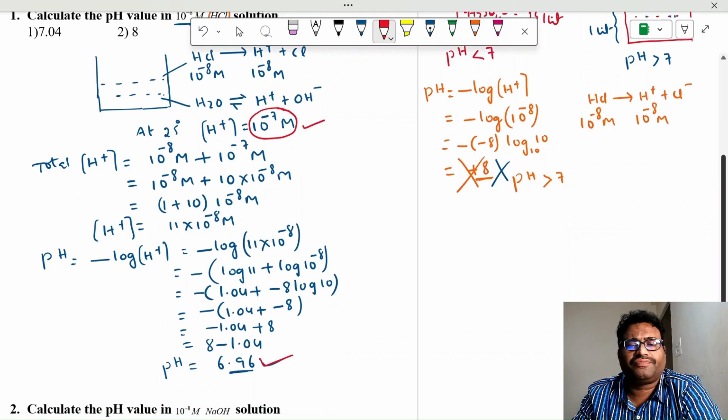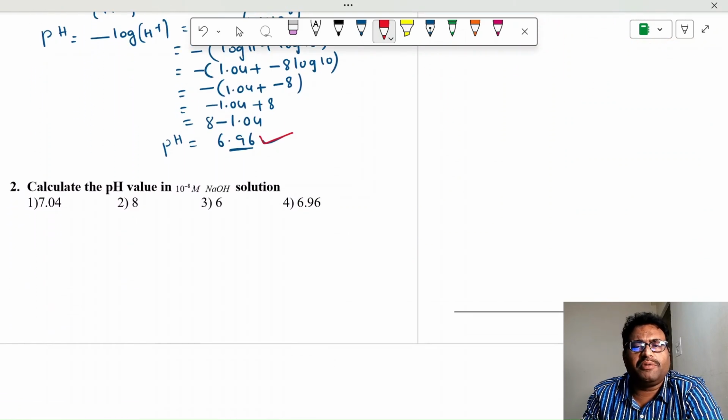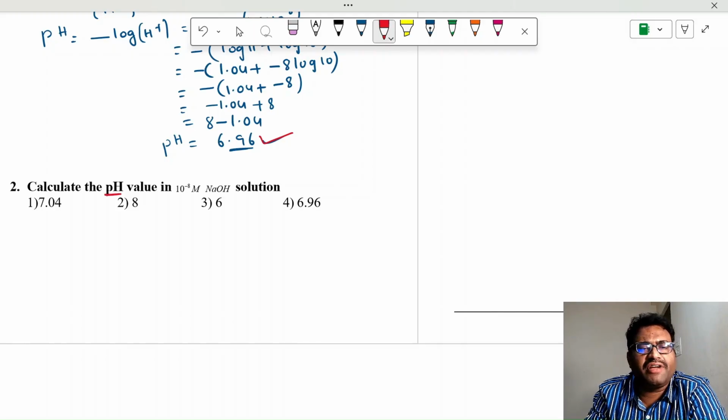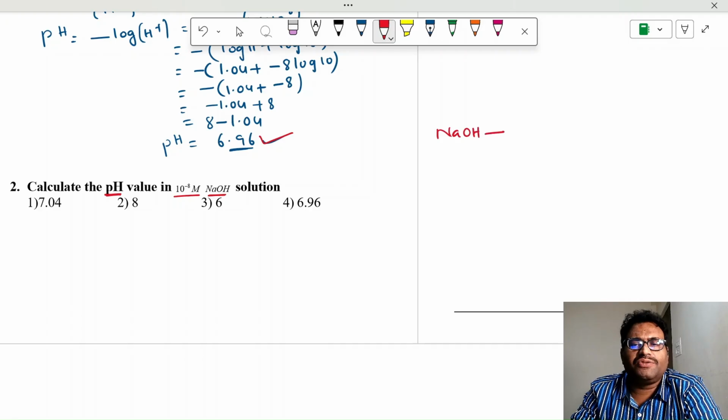Now let us see another problem. Here is the problem given: calculate the pH value in 10 power minus 8 M NaOH. Now let us see here. If you calculate generally, we know that NaOH gives rise to Na plus plus OH minus.